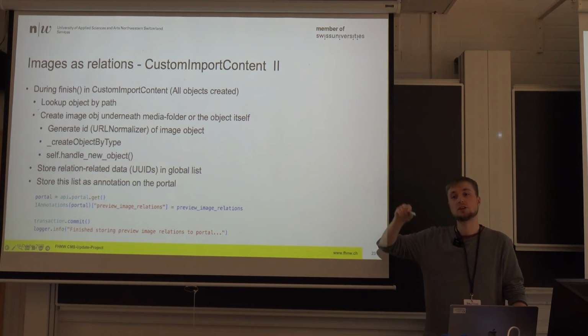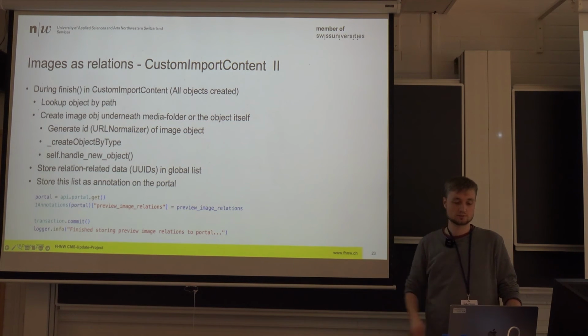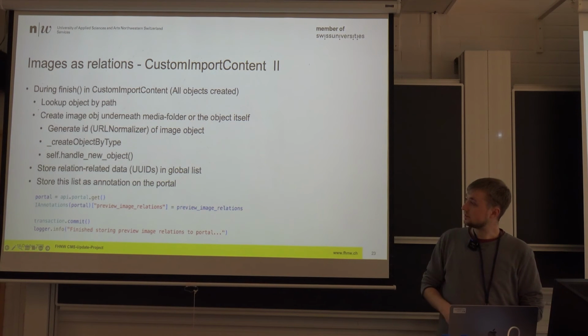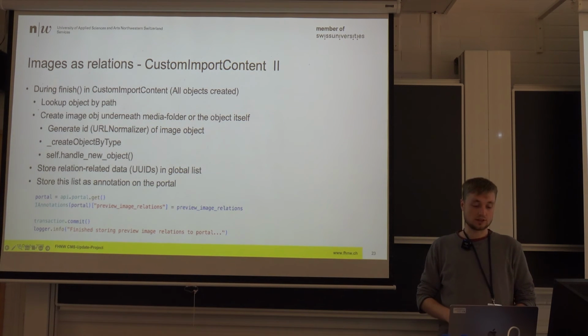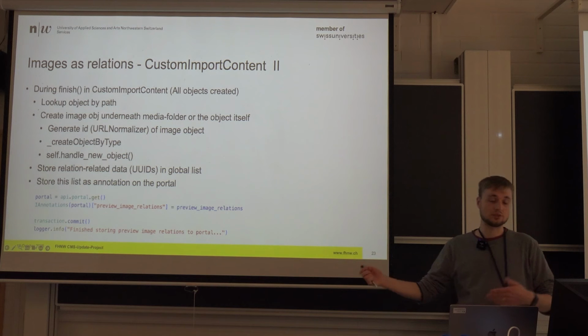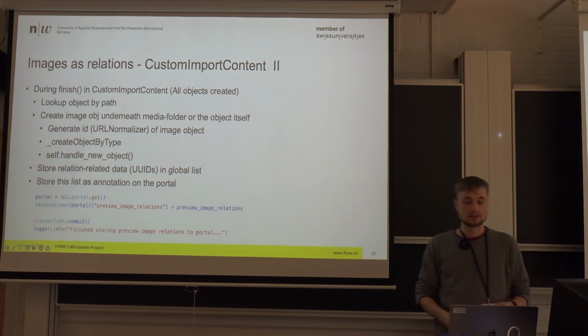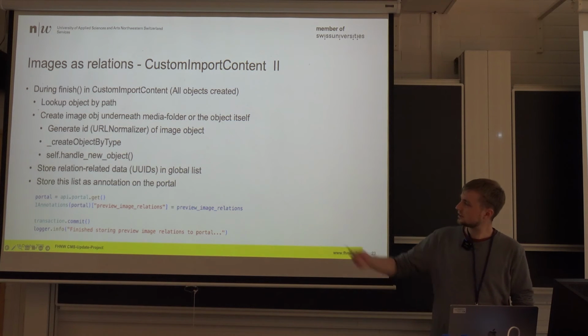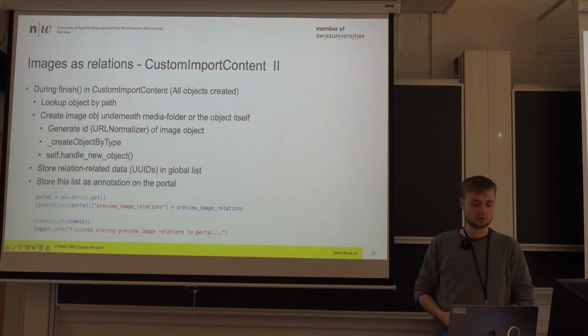So every page had a folder underneath it, called media, and in there were the images. So we stored the preview images there. For this we needed to generate an ID, create the object, and I think self-handle new object was something which came from collective.exportimport.